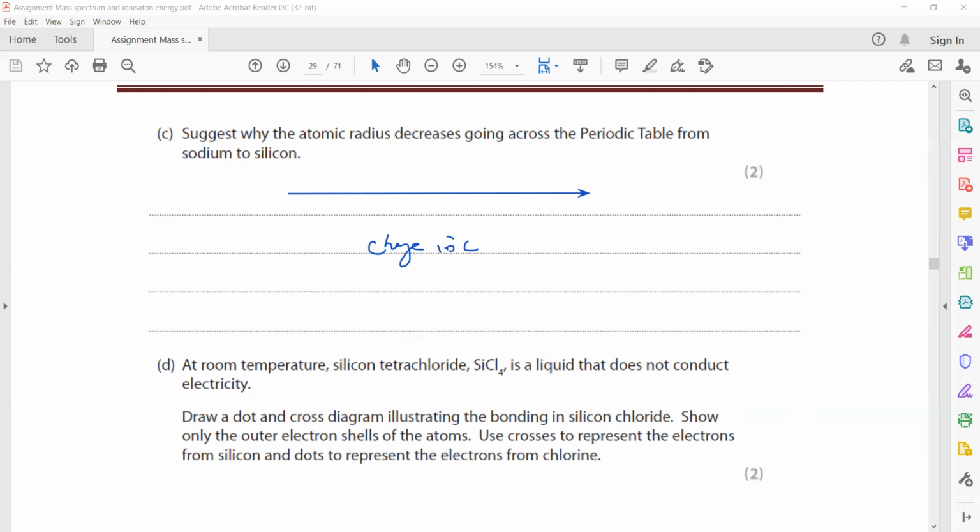So a stronger attraction will be there between the nucleus and the last shell electron for the same shielding effect. 1 mark is for the same shielding effect, because all in the period they all have the same shielding effect, but the charge is increasing. That's why the ionization energy increases.